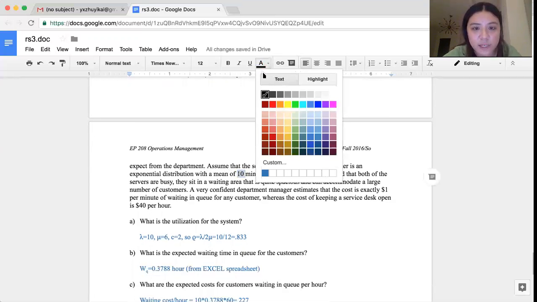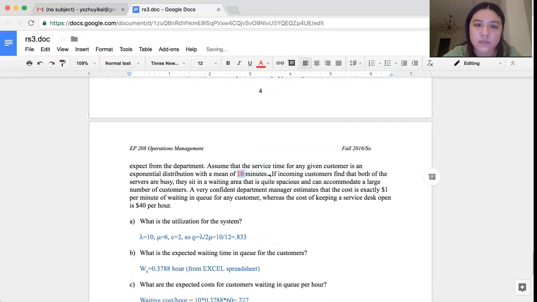And we know the service time, then we can know the service rate. We should notice the units for every number. If incoming customers find that both of the servers are busy, they sit in a waiting area that is quite spacious and can accommodate a large number of customers.